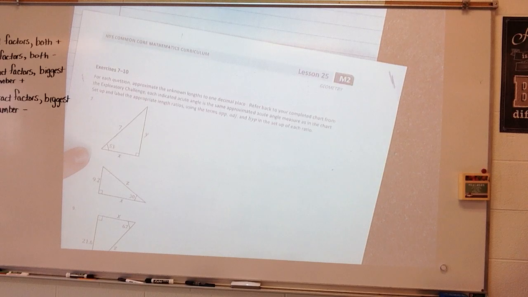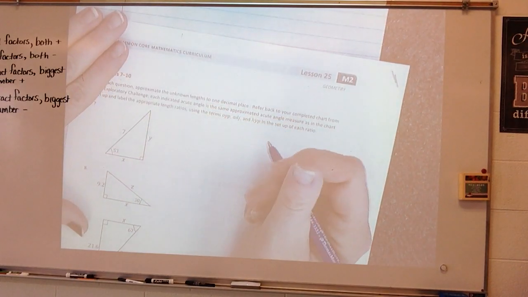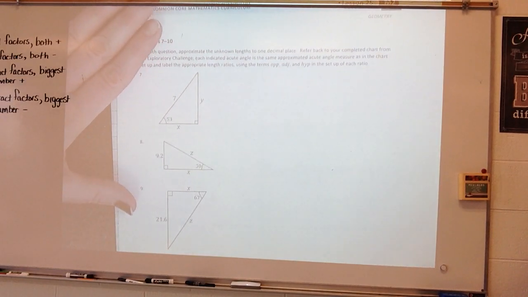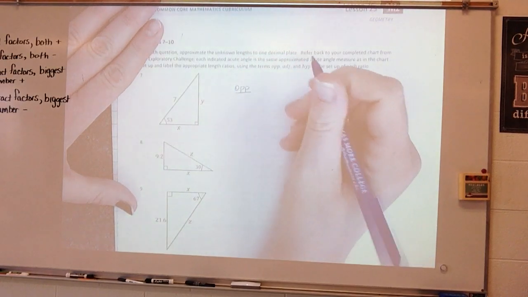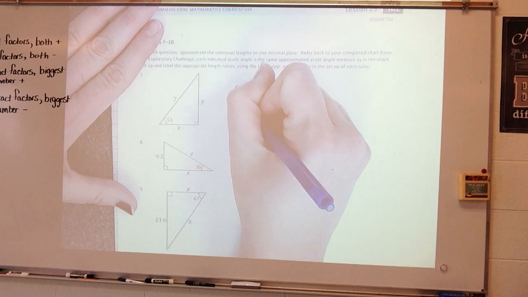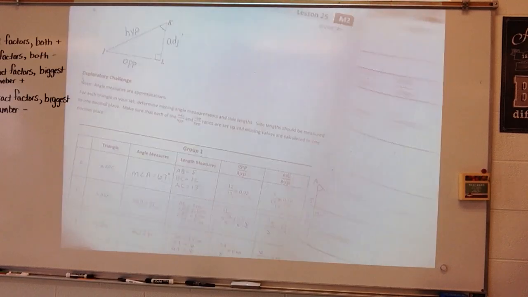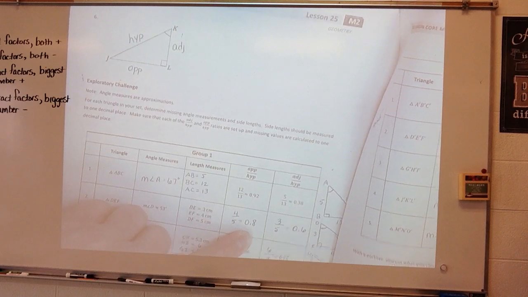Alright, so let's look at this. So, I have this triangle. My acute angle is 53. I've got to figure out my 2 lengths here. So I'm going to do opposite over hypotenuse. The angle that was 53 degrees, my opposite over hypotenuse was 8/10.